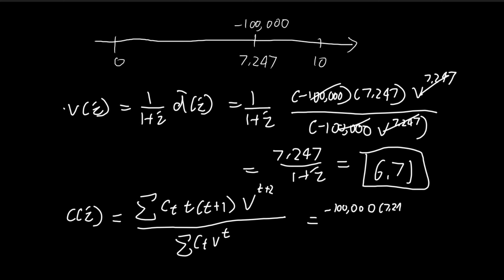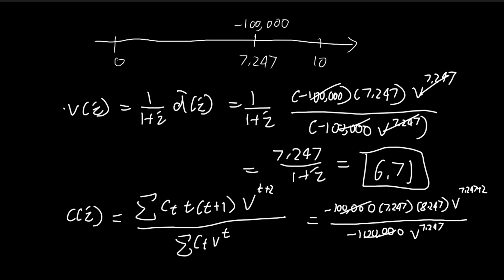Time is 7.247, and then we have t plus 1, so 8.247, and then v to the power of 7.247 plus 2. And then we divide this by the present value. Once again, you see that these terms cancel out, so you're only left with v squared. In the end, you're left with 7.247 times 8.247 times v to the power of 2. If you substitute everything into your calculator, you'll find that this is equal to 51.2397.